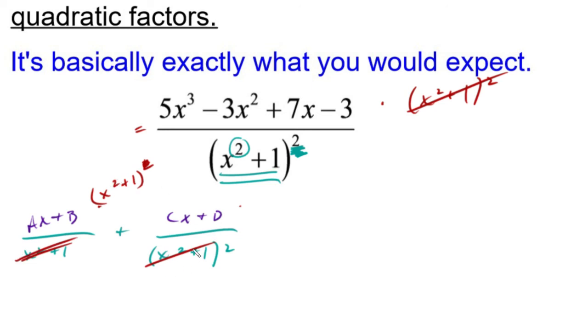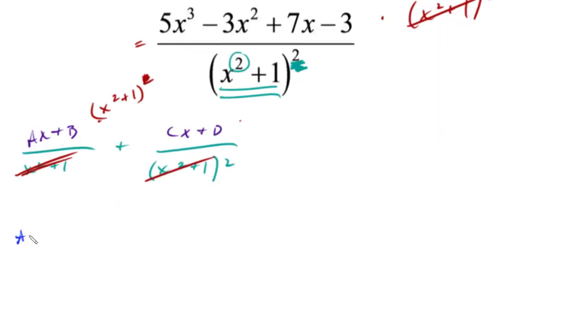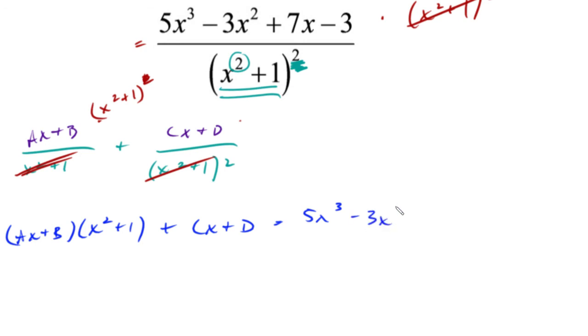And in this case, both of them will cancel. So you will have ax plus b times this x squared plus 1 plus cx plus d times nothing equals the numerator, 5x to the third minus 3x squared plus 7x minus 3.